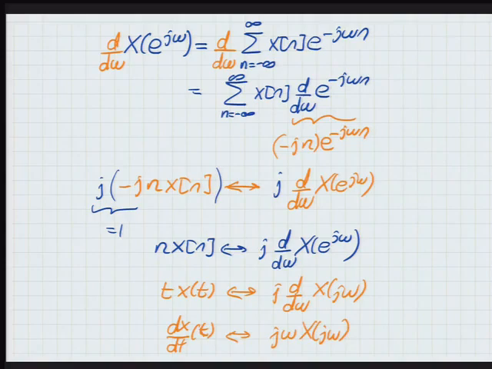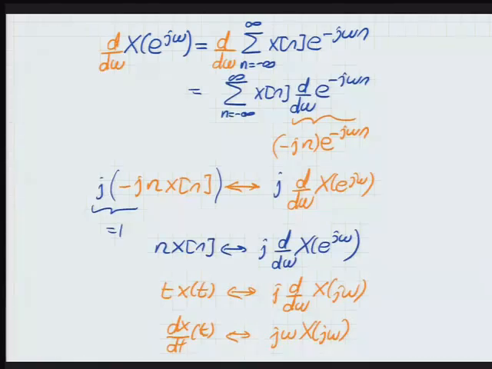There is no such thing in discrete time. Of course, there's no derivative, right? Because we're in discrete time, so there's no d by dt. The thing that would come closest to that would be to look at the differences, like the next value of x and the current value of x. Look at the differences, right?